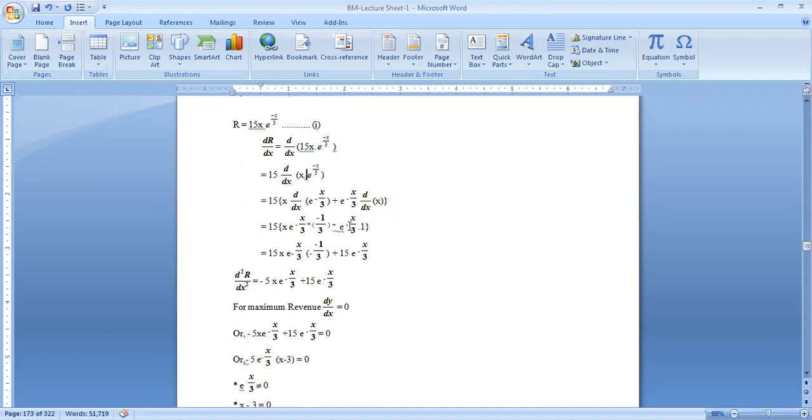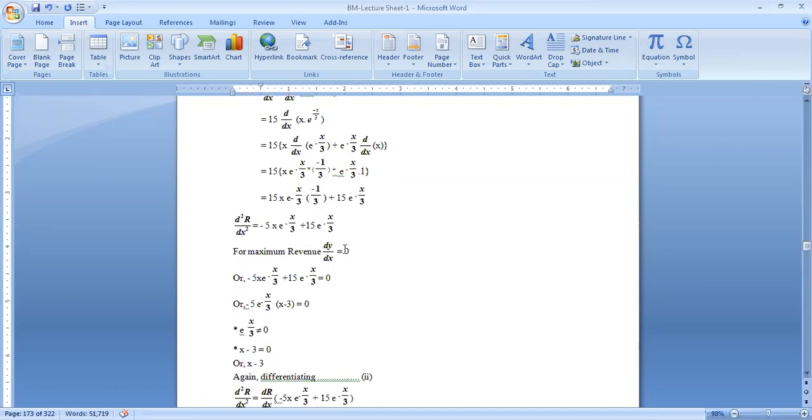Now multiplying, we get 15x e to the power minus x by 3 into minus 1 by 3, plus 15 e to the power minus x by 3.